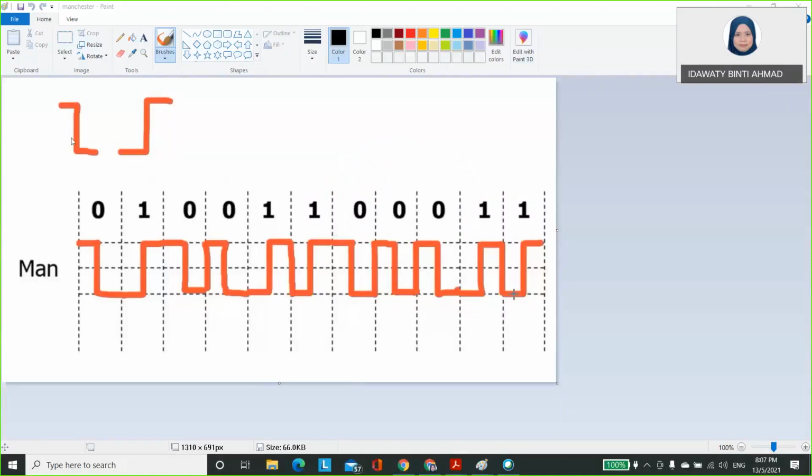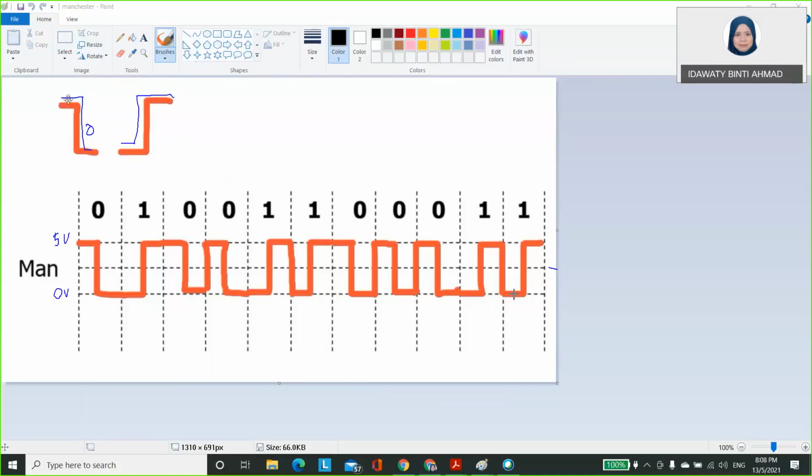So here is an example of Manchester code that represents 0 and 1. They mentioned there that this part is 0, and 1 is when you go up to the highest voltage. So here is the baseline. Let's say for example here you have 5 volts, and here you have 0 volts.